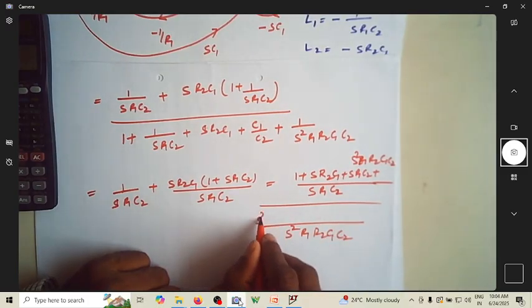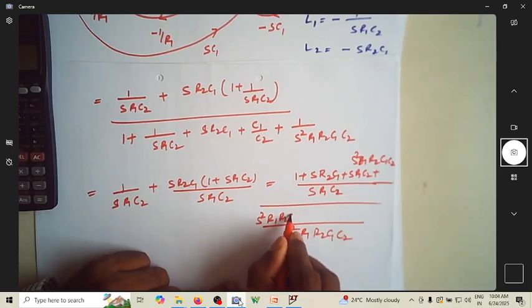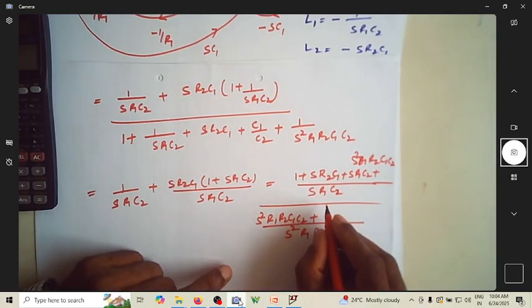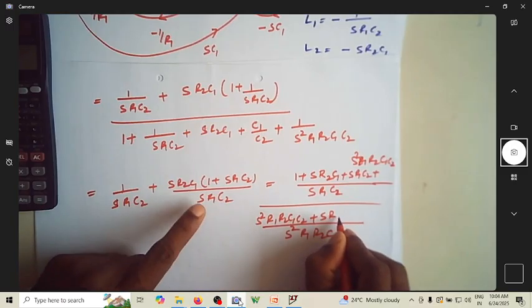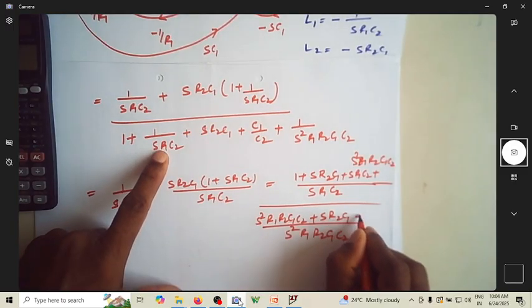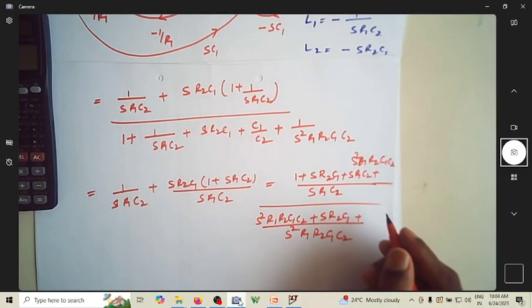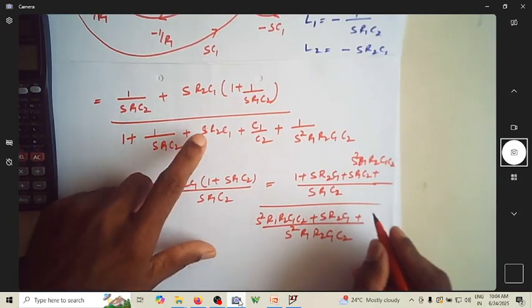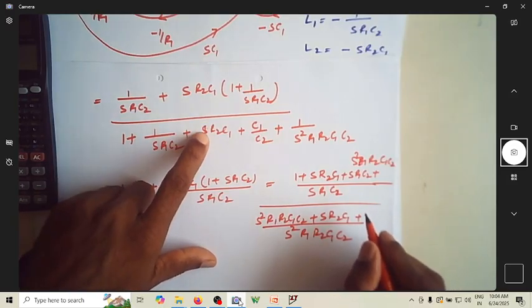So this remains S square R1 R2 C1 C2 plus S R2 C1 plus, what will happen? So this will go off.